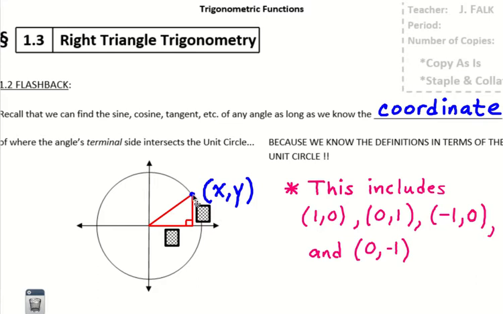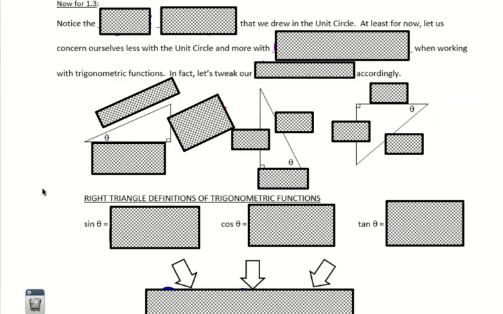If the coordinates of this point are x, y, then how long is this side of the triangle? Well, wouldn't it just be whatever the y coordinate is? And what is the length of this side of this red triangle? Well, wouldn't it be whatever x is?